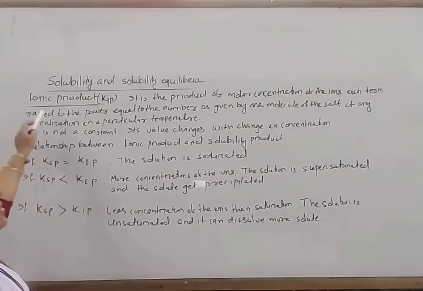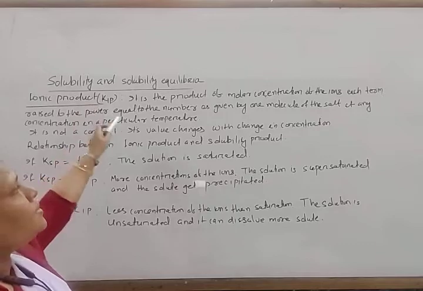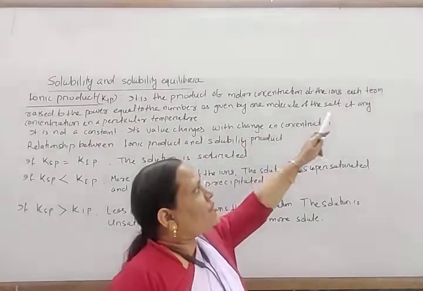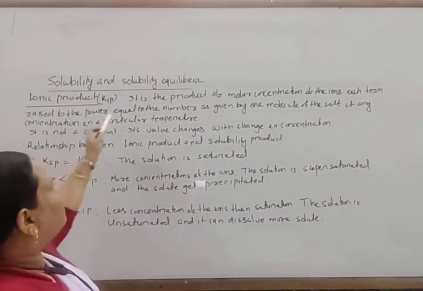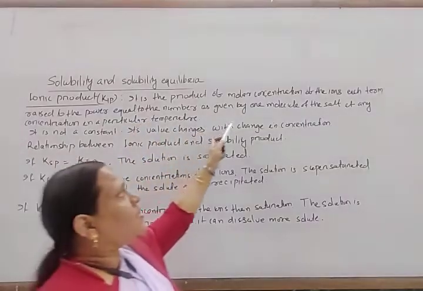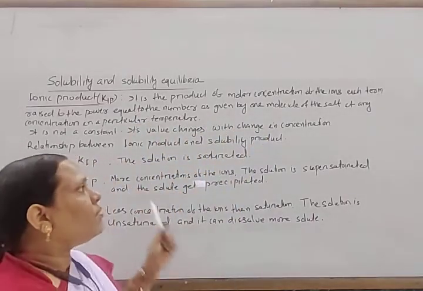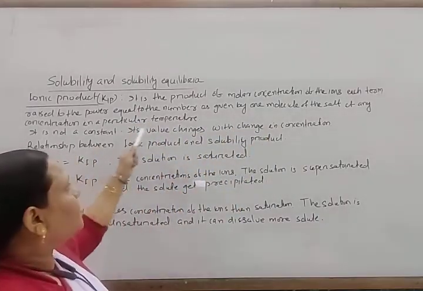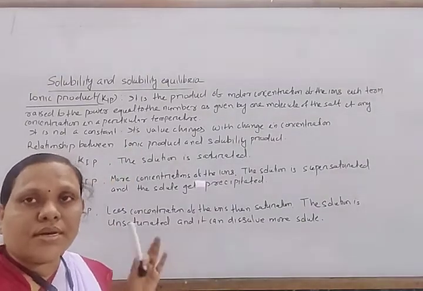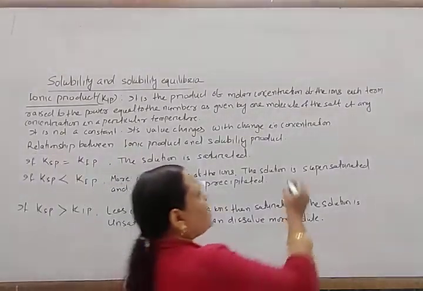Next comes another term, the ionic product. It is the product of the molar concentrations of the ions, each raised to the power equal to the number given by one molecule of the salt, at any concentration or temperature.